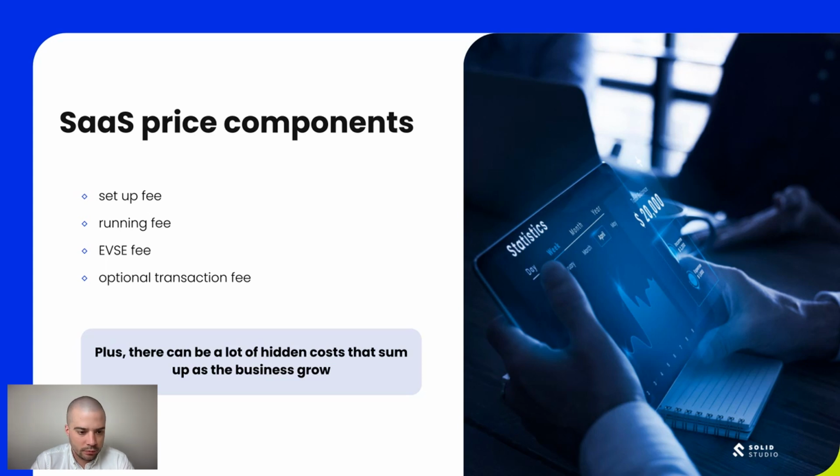One very good example is the OCPI fee. There are providers that charge for each OCPI connection you've got up and running. Also, additional services like first-line support or SIM cards are going to be additional costs added to your monthly bill.